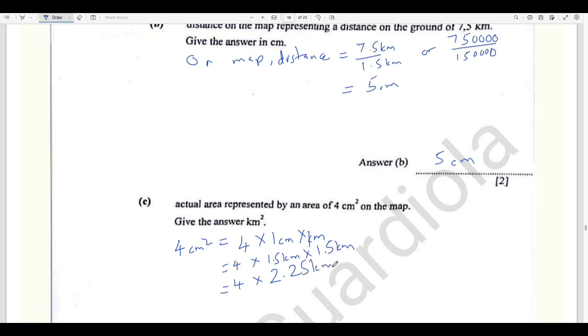Then we multiply 2.25 square kilometers by 4, which again gives us 9. So the actual area represented by 4 square centimeters on the map would be 9 square kilometers on the actual ground.